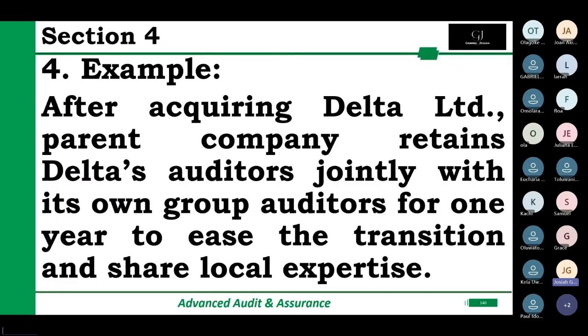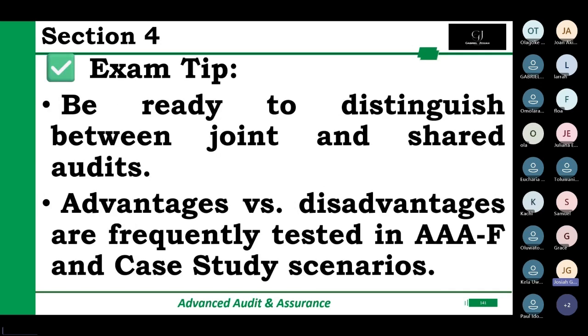So, for example, after acquiring Delta Limited, the parent company retains Delta auditors jointly with its own group auditors for 1 year to ease the transition phase and share local expertise with the component auditor. So very importantly, be ready to distinguish between joint and shared audits.